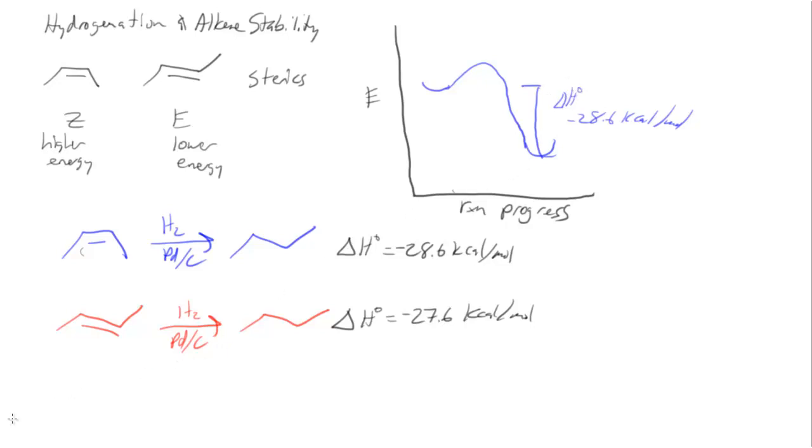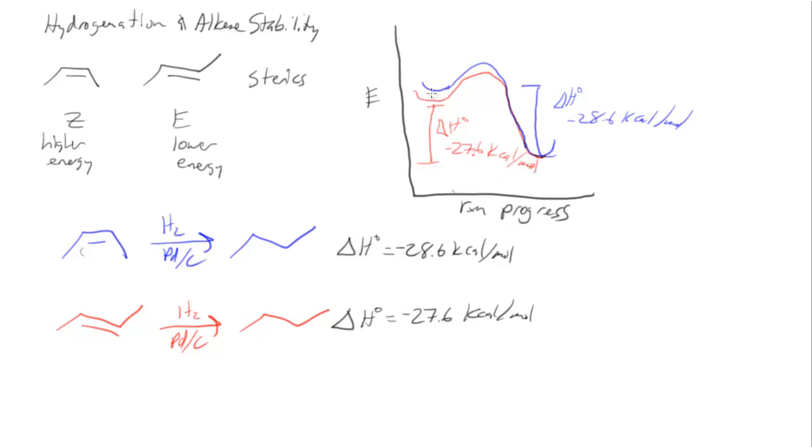So how would you draw the red one? Well, they make the exact same product, so it's ending at the exact same place, but now we only gain 27.6 instead of 28.6 kilocalories per mole. So as I go up here, now my delta H here is only minus 27.6 kcals per mole.